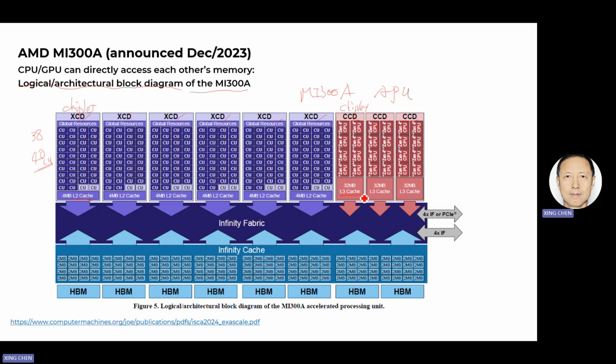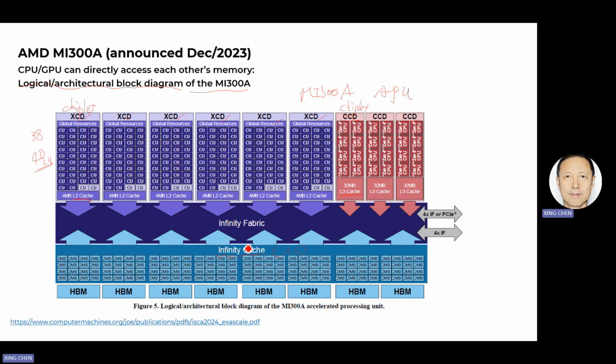So the L3 cache is close to the chiplet. And then we have this Infinity Cache. Infinity Cache is also called the last level cache. For the CCD chiplet, this is the L4 cache. For the XCD chiplet, this is the L3 cache.